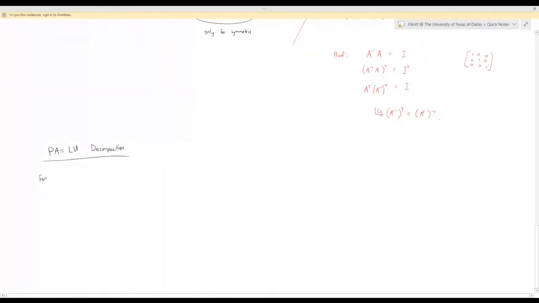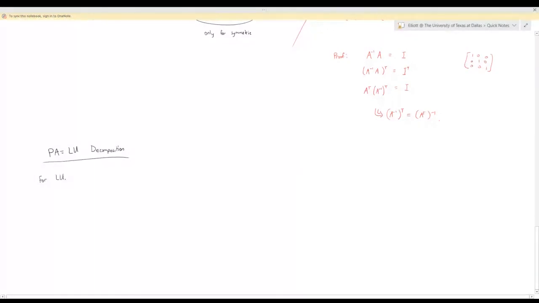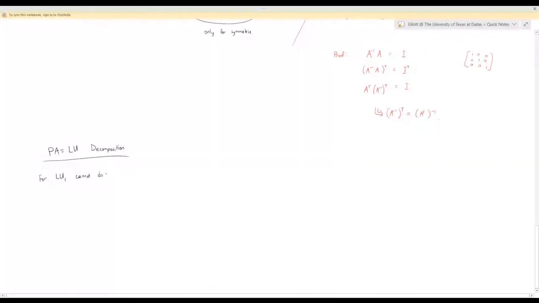I mentioned at the beginning when we started talking about LU that for LU, you cannot do row swaps.